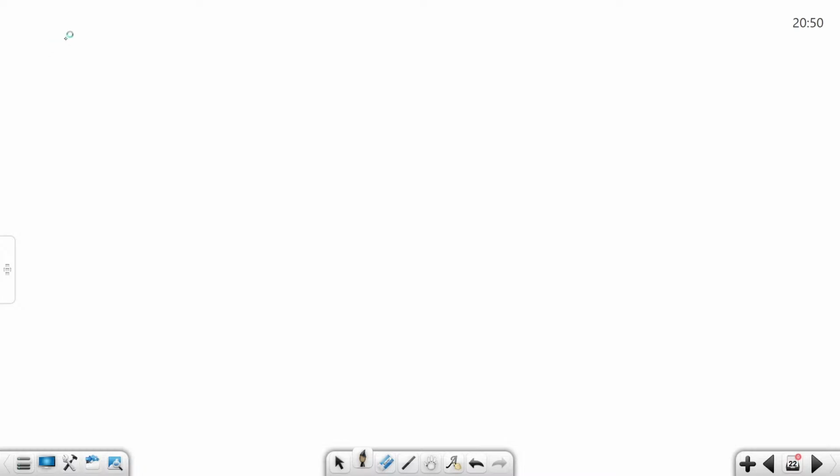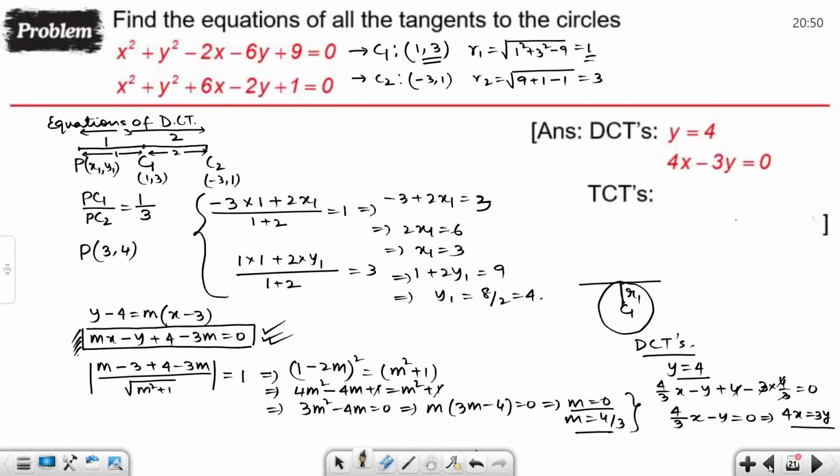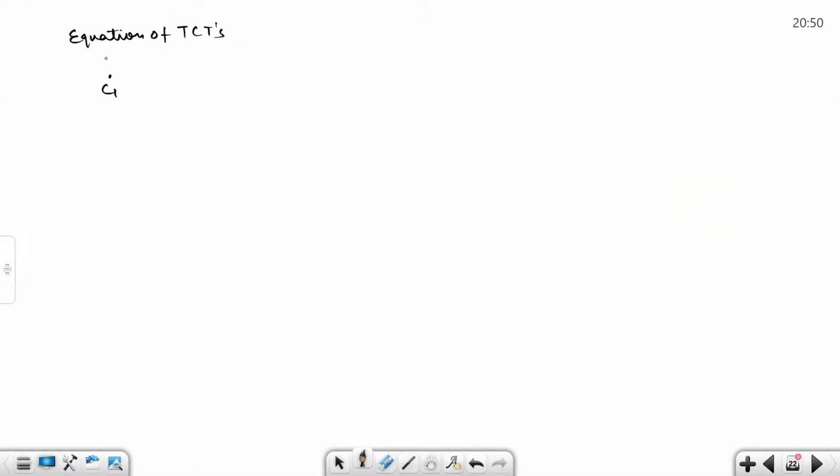Now we will find out the equation of transverse common tangents, right? Now you are having the center C1, the center is (1, 3), and center C2 is (minus 3, 1).